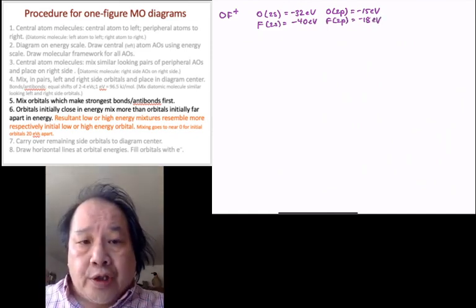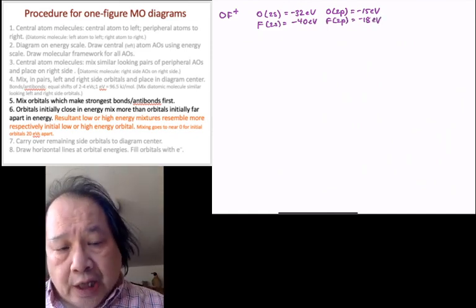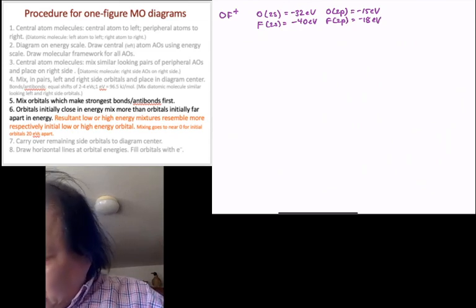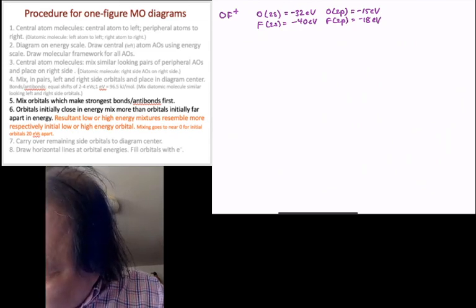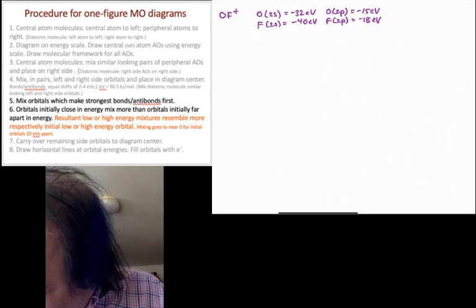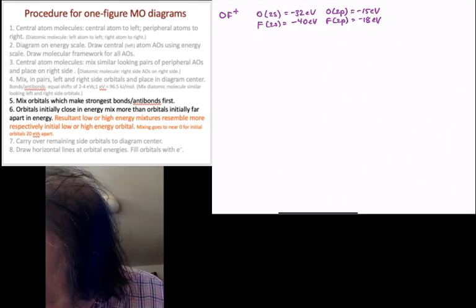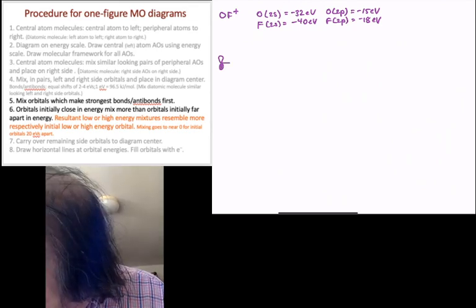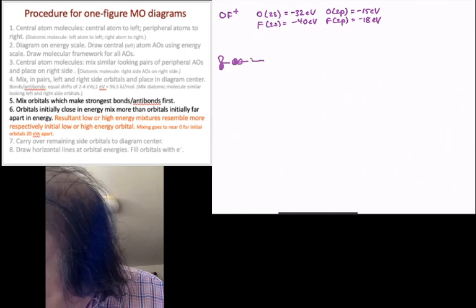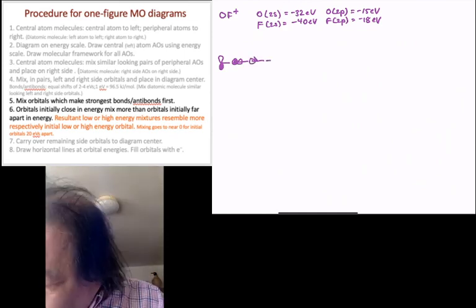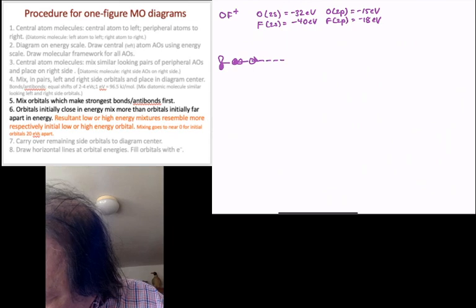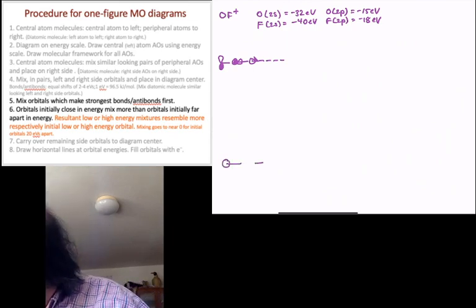And we're going to put the oxygen on the left. We'll treat that as the central atom, and the fluorine will be on the right. So let's just draw those orbitals. Here are the three oxygen 2p orbitals, the px, py, and pz. And then here I'll put the oxygen 2s, even lower in energy on this side, this is the oxygen side.